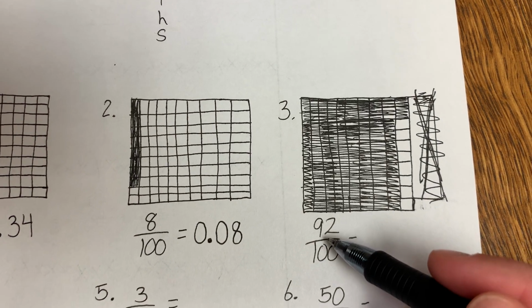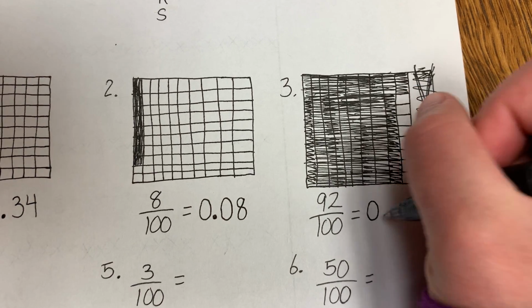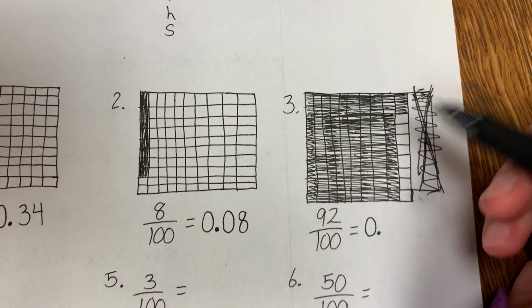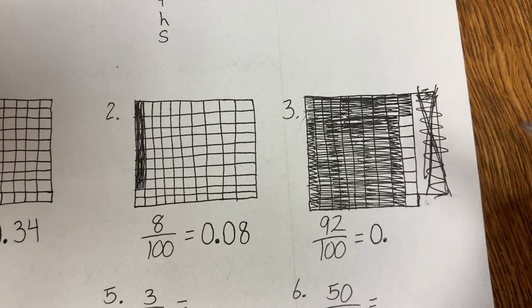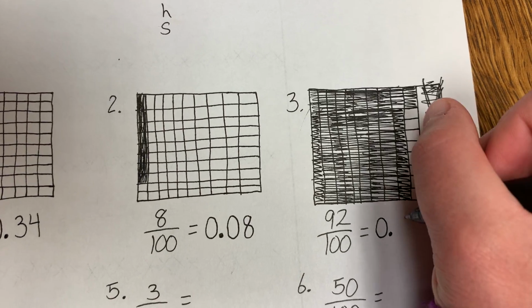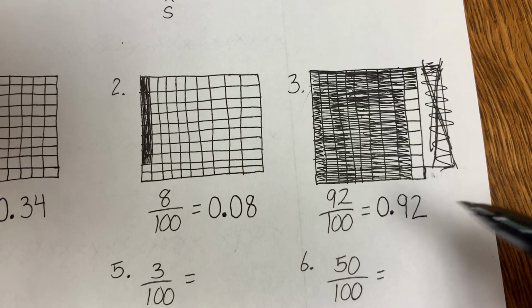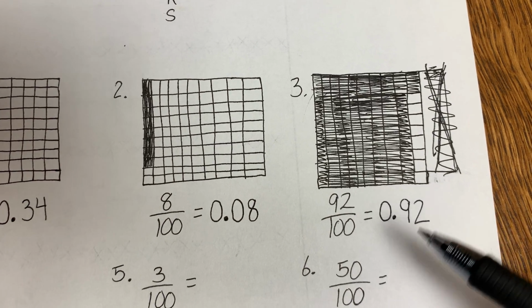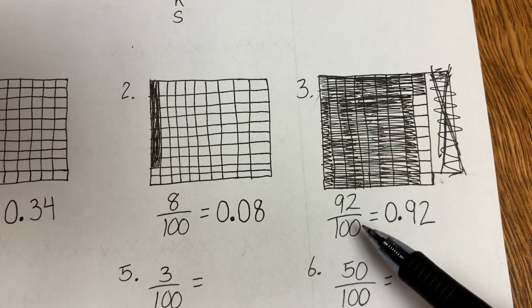Okay, so 92 hundredths, there are 0 whole numbers because nothing is completely shaded in. We don't have a whole box shaded in. So 0 for the ones place, decimal point, and 92 goes here to represent 92 hundredths. So 0.92 is the same as 92 hundredths.